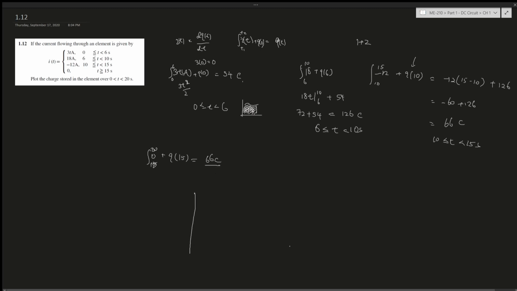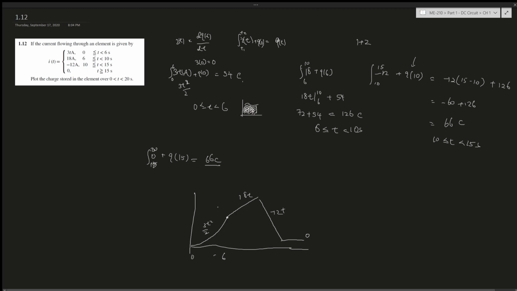And if we want to graph this, it's not that hard. I'm not going to draw to scale. From 0 to 6 it increases, then 18t is increasing, and then it decreases with slope negative 12, and then the slope over here is 0.